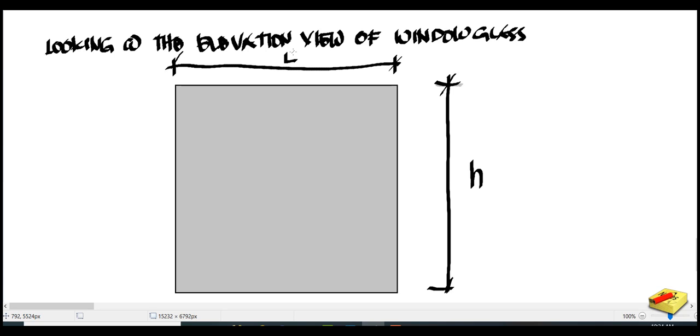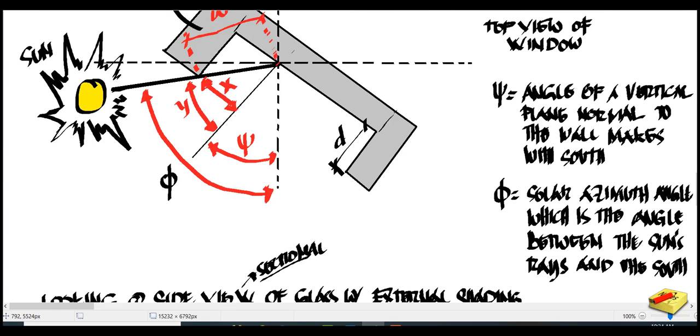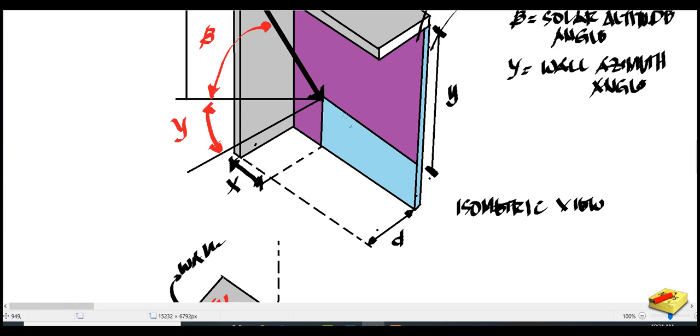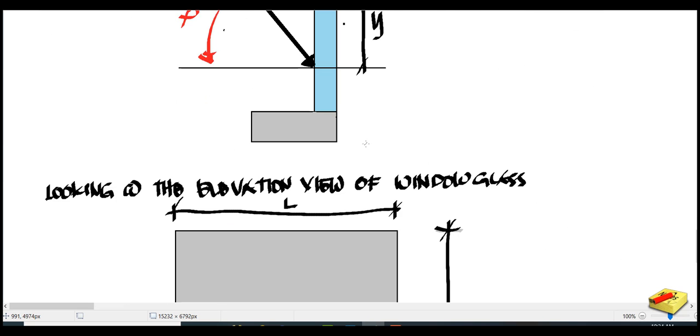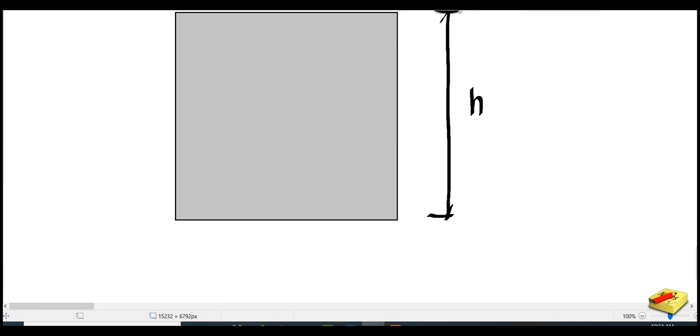Now the projection of the sunlight, this portion of glass. I'm going to draw a small rectangle representing that portion.